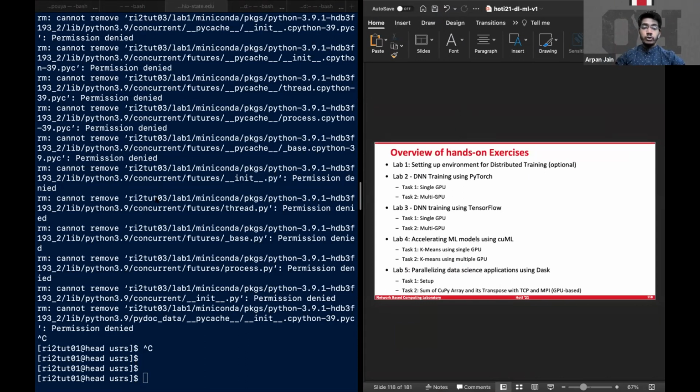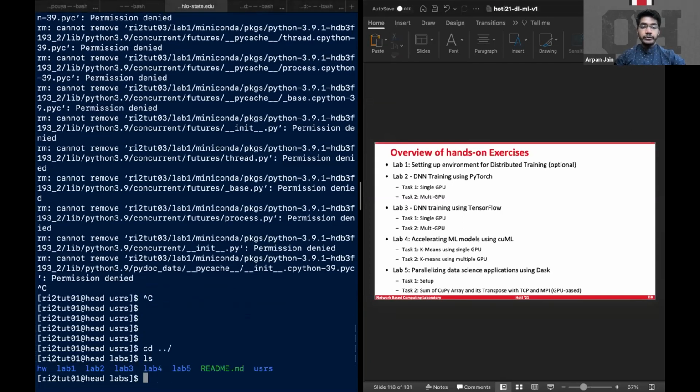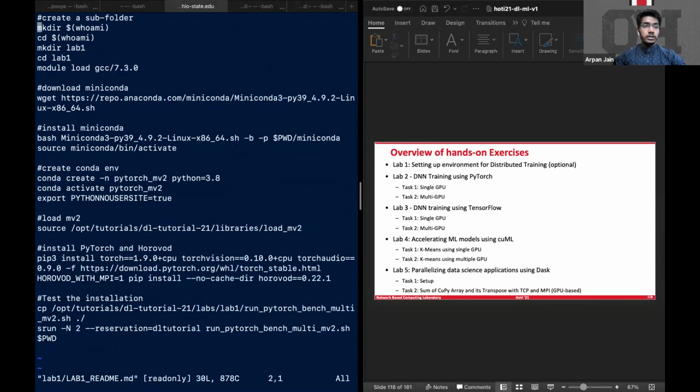Let me show you also. Initially you will be in this directory. If you open lab 1, it is actually the only lab which has its separate README file. These are all the commands you need to install Horovod, PyTorch, and MPI.